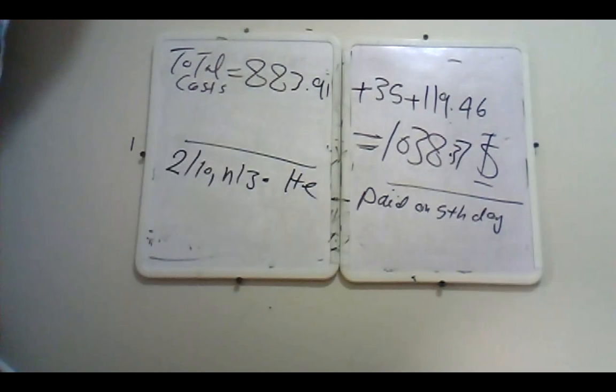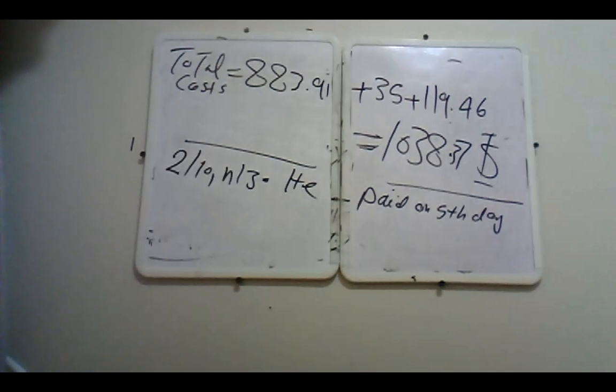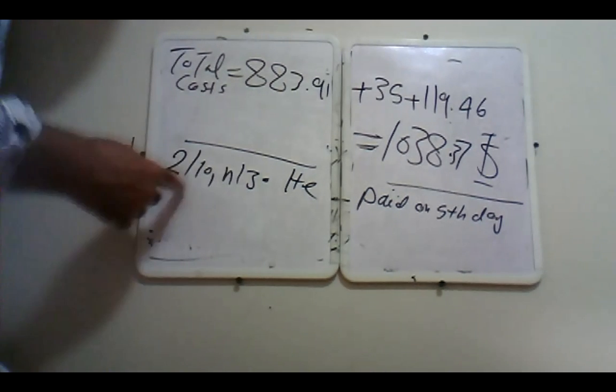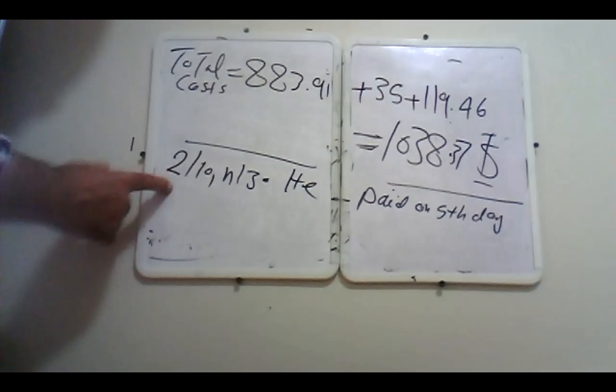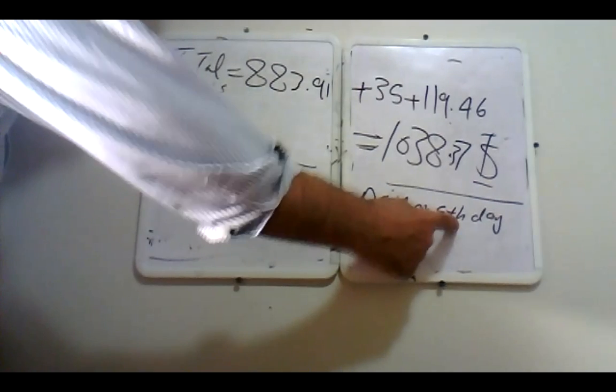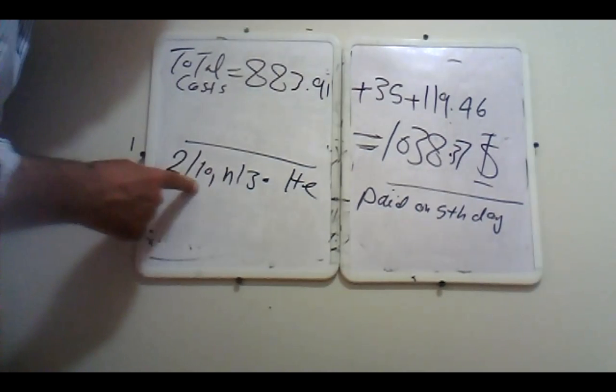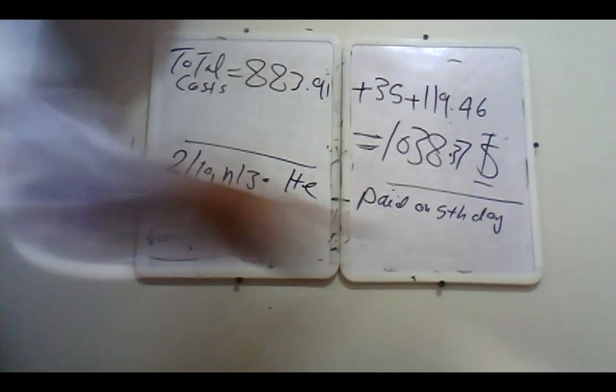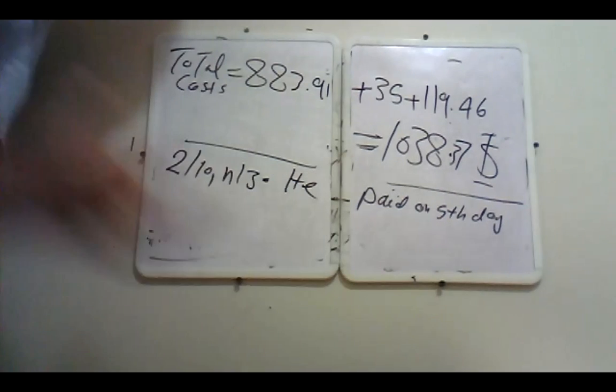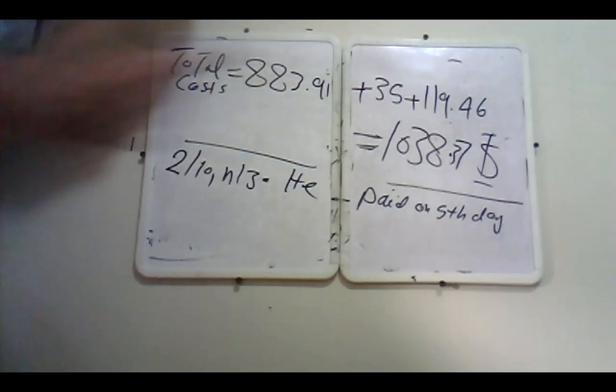He will get the benefit of the 2% discount if he paid within 10 days. But he paid on the 5th day. That means he deserved to take the discount.